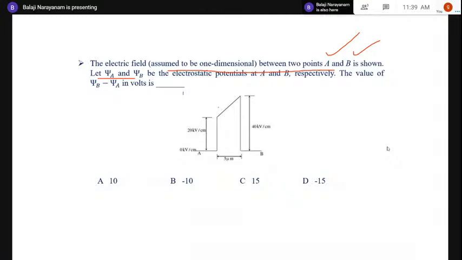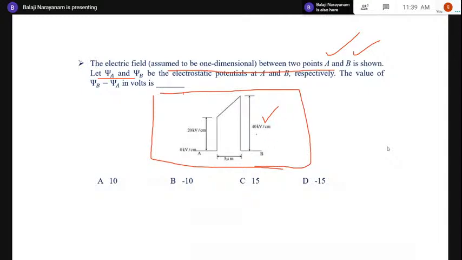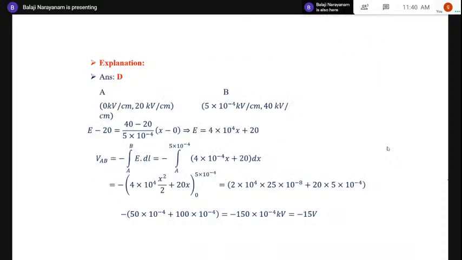Observe the diagram given like this: 40 kilovolt per centimeter, that is 10 power minus 2 meter, similarly 20 kilovolt per centimeter, and 0 kilovolt per centimeter. Here A is given, here B is given, and the distance of separation between the two is given as 5 micrometer. This is what is given for us.